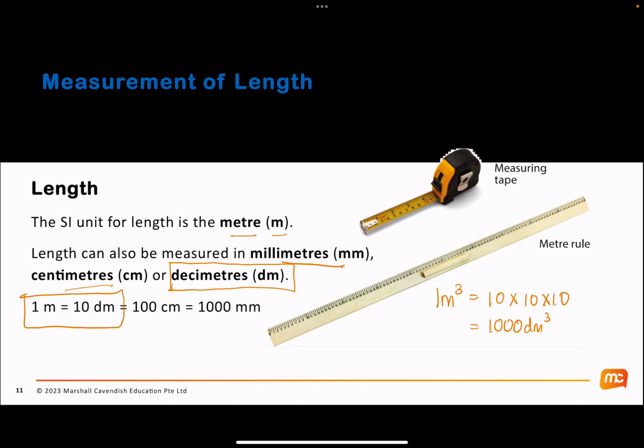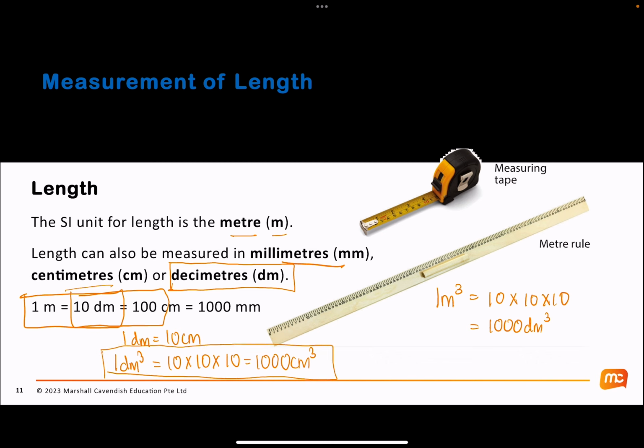And we can also see from this relationship that 1 decimeter equals to 10 centimeter. So subsequently, you will realize 1 decimeter cube will be 10 times 10 times 10 cm. So that will give us 1,000 centimeter cube as well. This is going to be a very common conversion you will learn in your 2-year course in chemistry. All right. So let's move on.